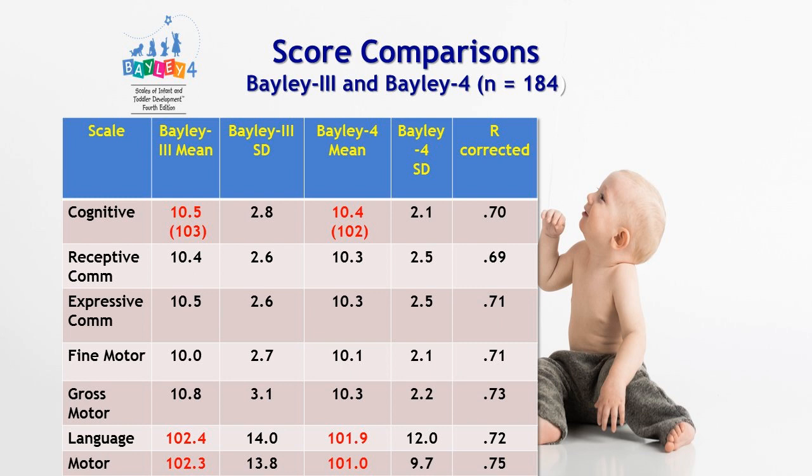So, one thing you need to keep in mind here is that the Bayley-3 was done on paper and pencil, whereas the Bayley-4 was done on Q Global. So there is a comparison between the paper and pencil administration and the Q Global or digital administration.